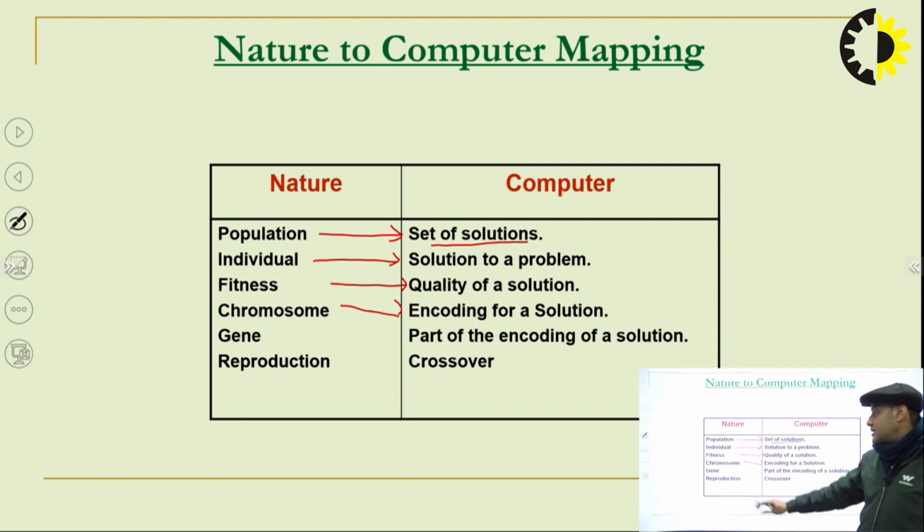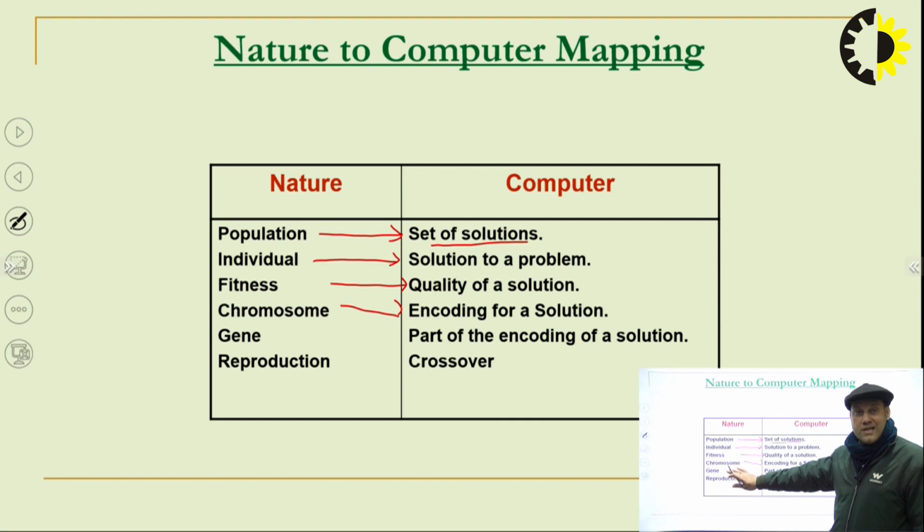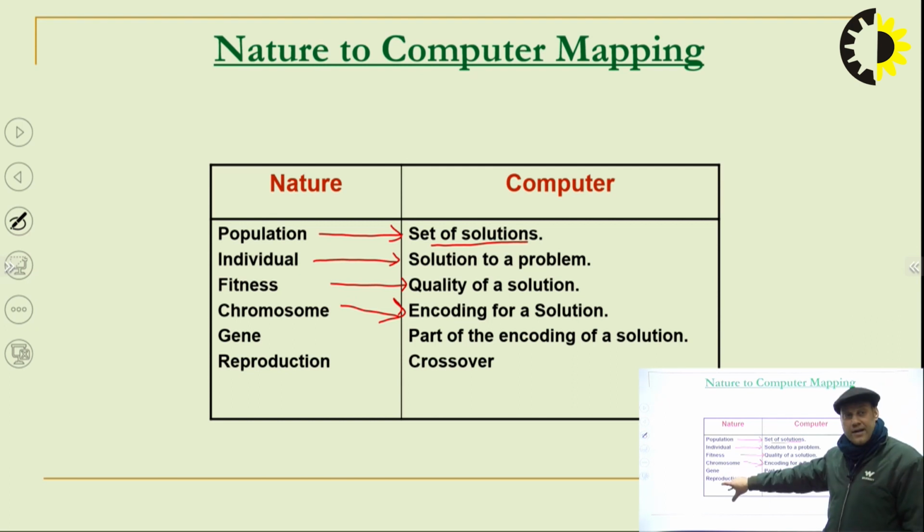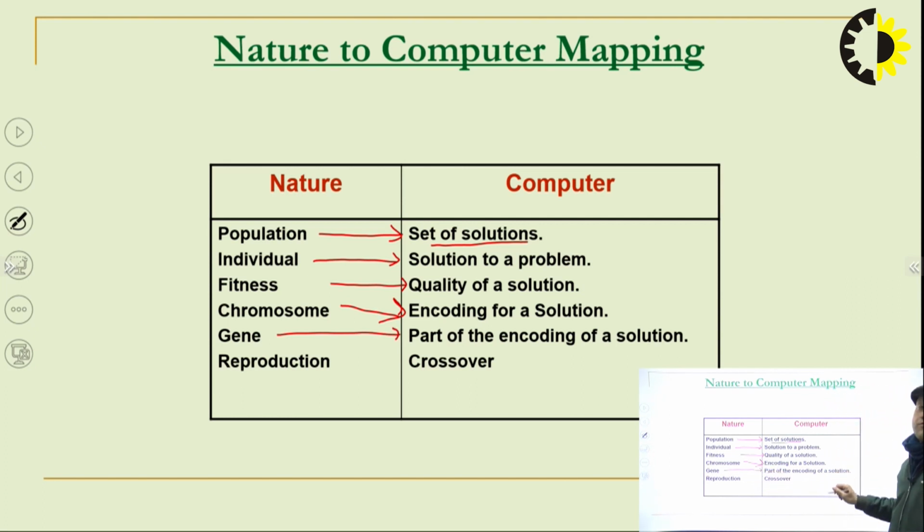Okay. In nature, what is a chromosome? A chromosome is a set of genes that gives the solution. And in the computer, what does this chromosome mean? It means encoding for a solution. Gene is a material, okay. But in computer, it is a part of the encoding of a solution. Okay. What does reproduction mean?